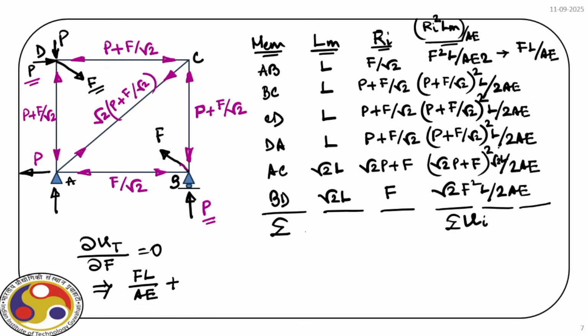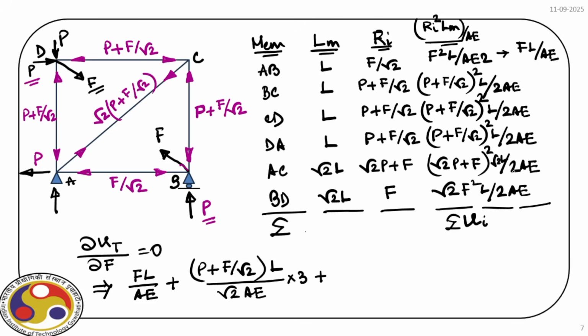Now next three members, you see we have the same strain energy, and if we differentiate with respect to F, we get P plus F by root 2 times L divided by root 2 AE, and we have three of them, so we can multiply it with 3.